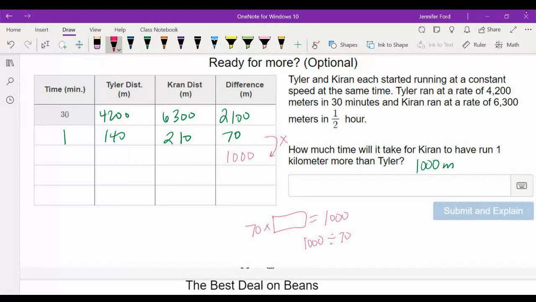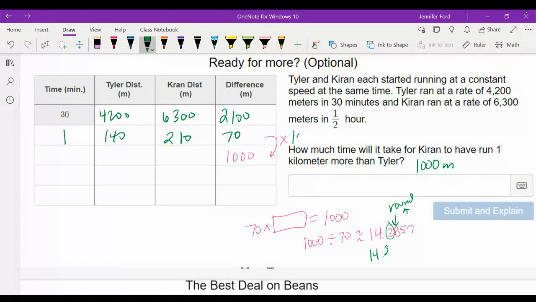My calculator tells me 14.2857. I want to round to the nearest tenth, I think. So I'm going to look at the hundredths value. 8 means I round up. So this is closer to 14.3 minutes.